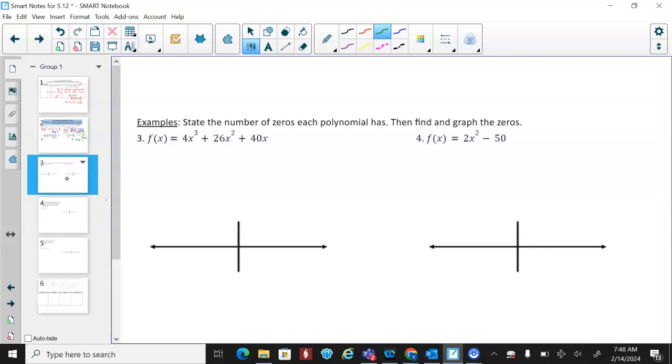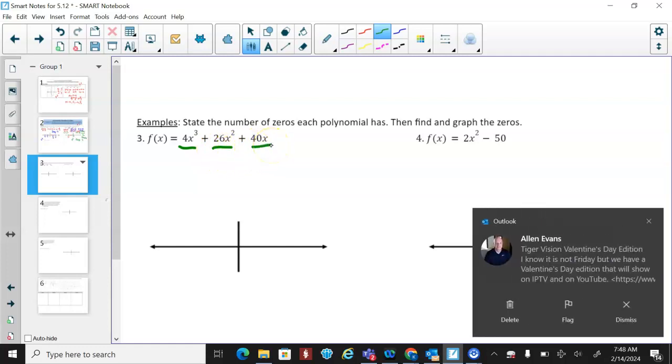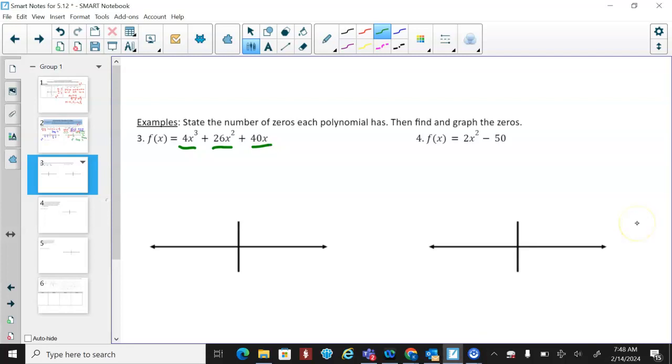Does 4x cubed, 26x squared, and 40x have anything in common to make it more suitable? Yes, it does. I can take 2x out of each. Each of them has an x, and each of them is divisible by 2. I can't take 4 out because 26 is not divisible by 4.